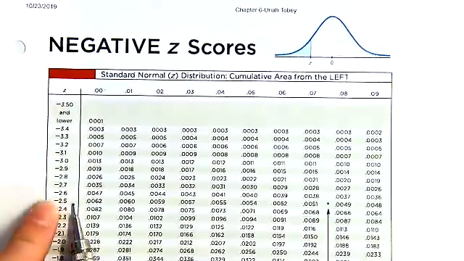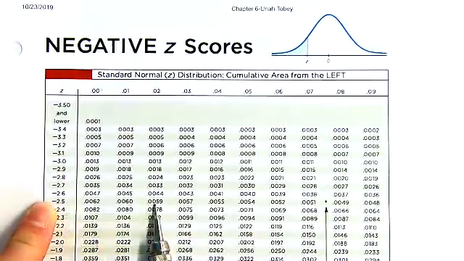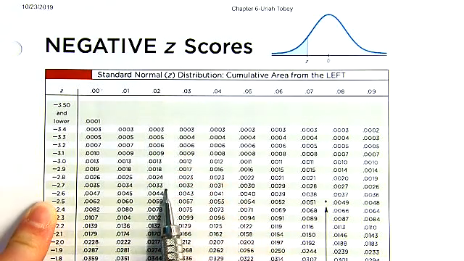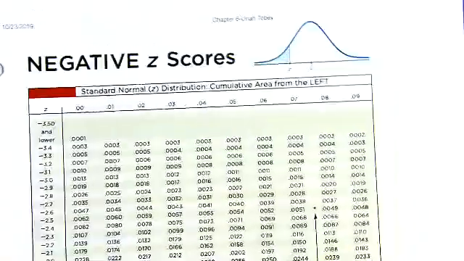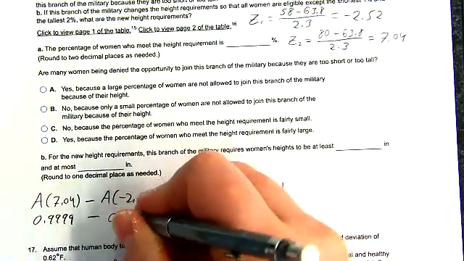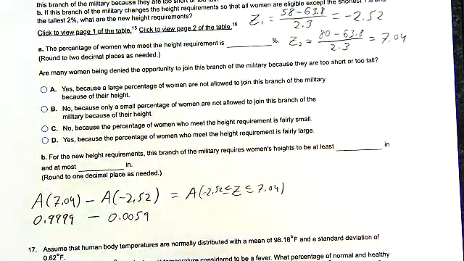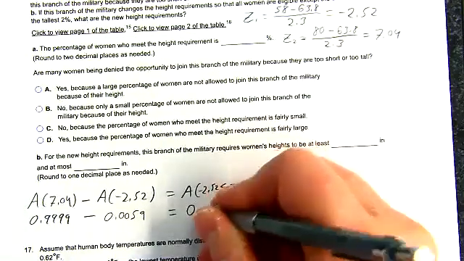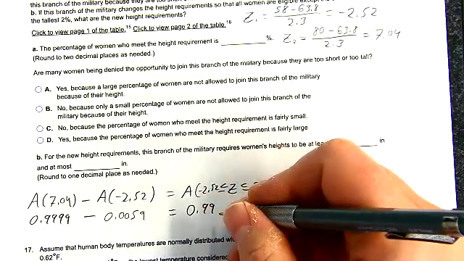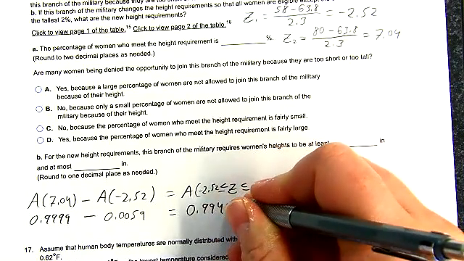Negative 2.5 is here, 2.52 would be right here. So it's 0.0059. And if you subtract those two numbers, you get 0.9942.